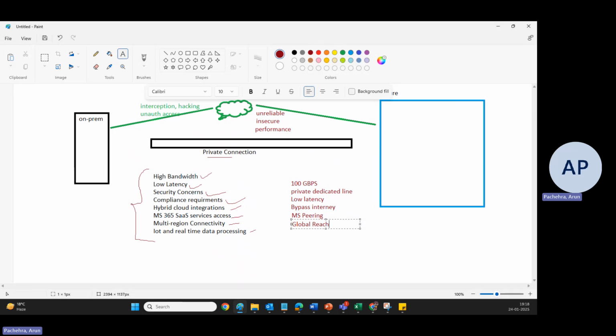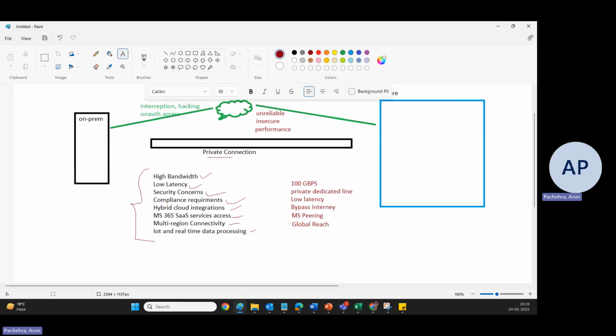Finally, real-time processing like IoT. Because it is a low latency and highly reliable dedicated private connection, it ensures real-time data transfer and improves IoT operations by minimizing interruptions and delays. So that's how it can meet all these challenges.